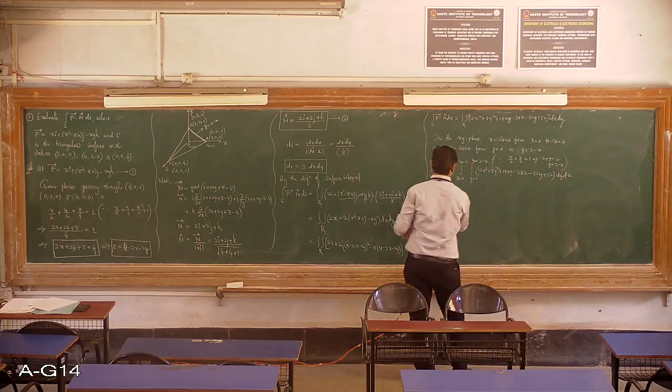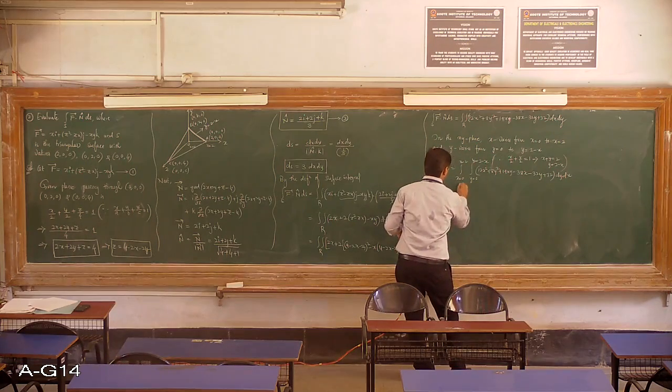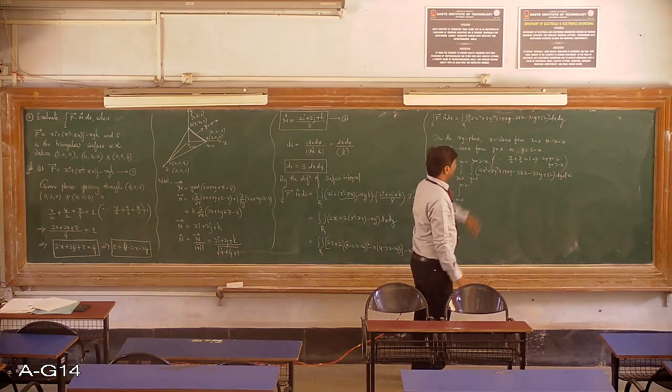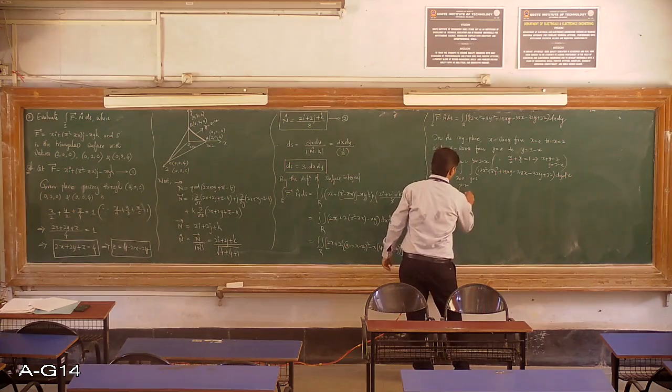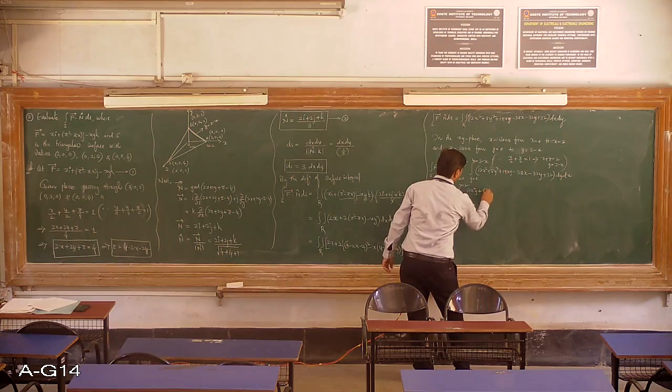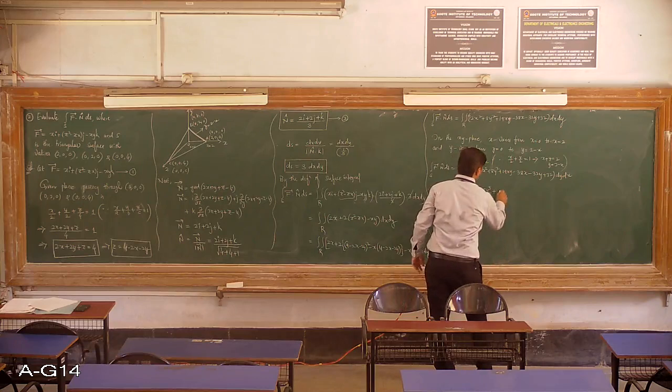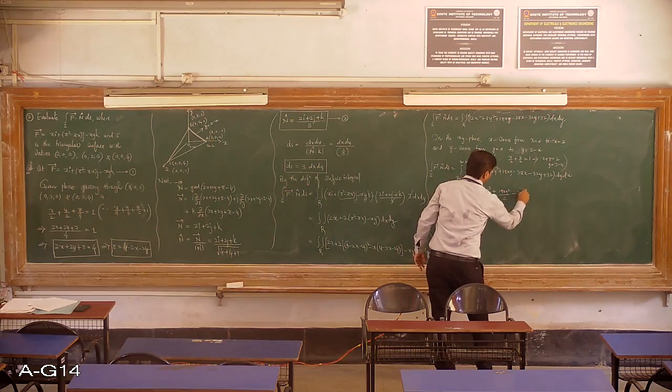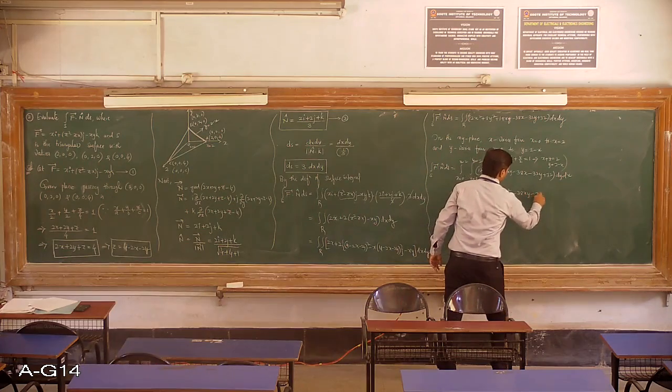Integrate this with respect to y first. That means 12x square y plus 8y cube by 3 plus 19x y square by 2 minus 38xy minus 32 y square by 2.